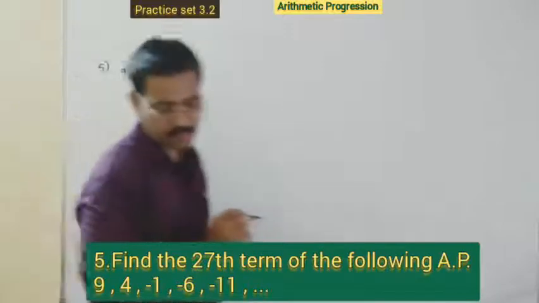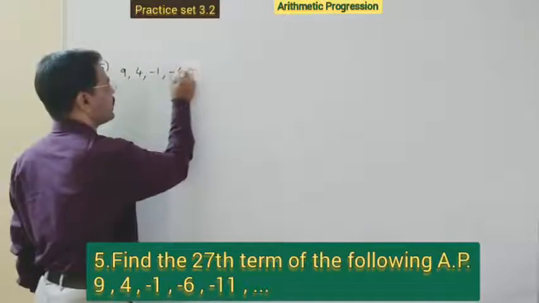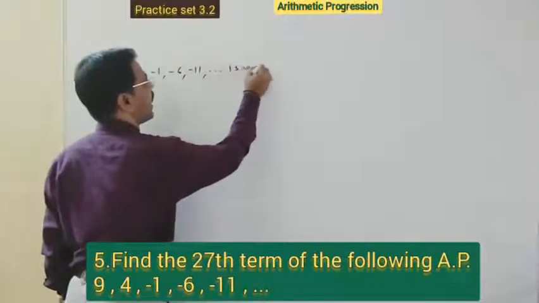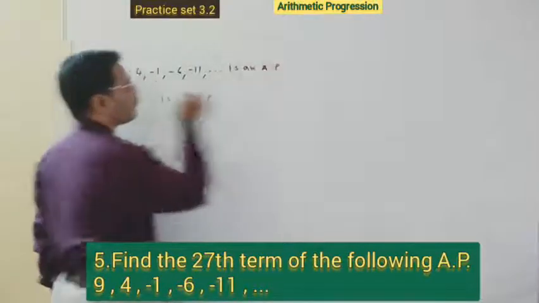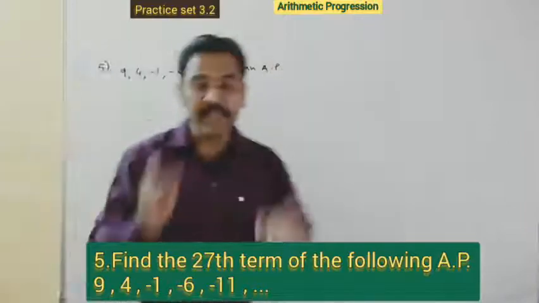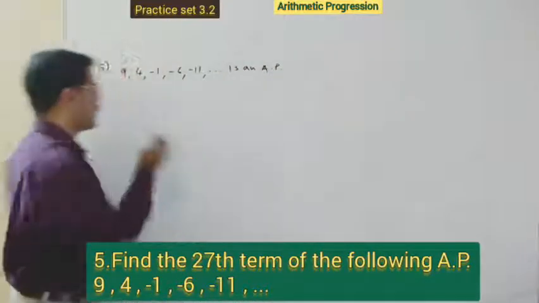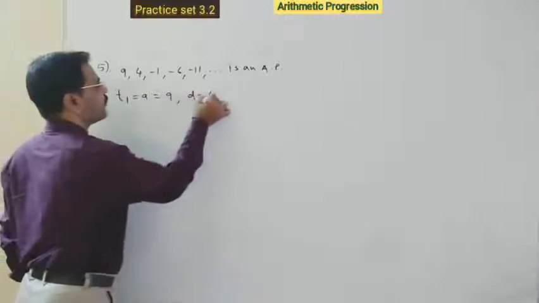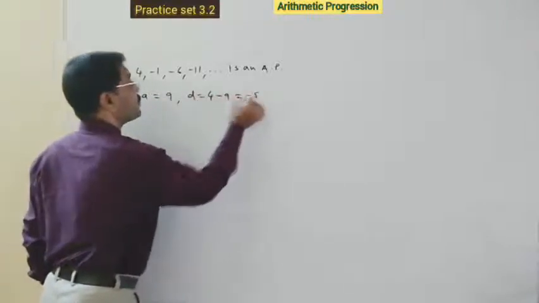See here the next one is minus 6, minus 11, is an AP. So from that we are going to find the 27th term. Simple. See here T1 means A which is 9 here, d means 4 minus 9 which is minus 5.